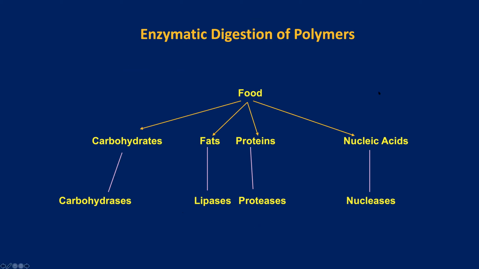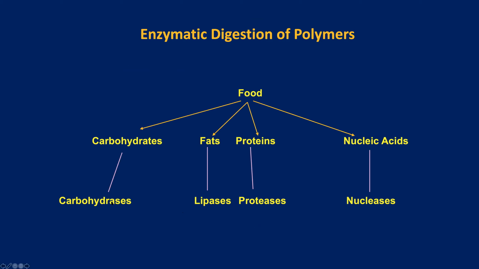So I want to put this in context by comparing nucleases with the other depolymerases. If we start with food, food is composed primarily of carbohydrates, fats, proteins, and nucleic acids. There are enzymes to degrade each of these polymers.